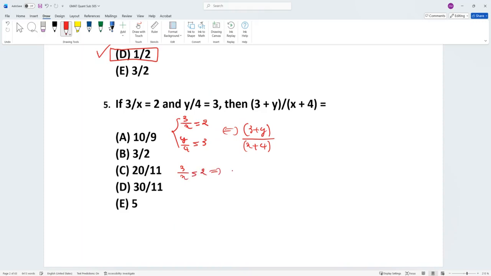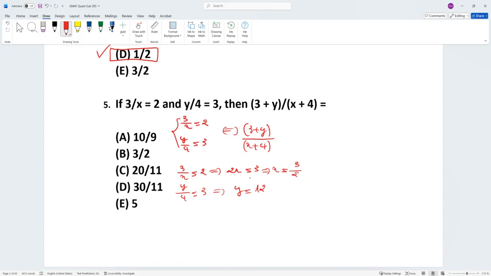So that means 2x is equal to 3 and x is equal to 3 over 2. Y over 4 is equal to 3, then we know that y is equal to 12.